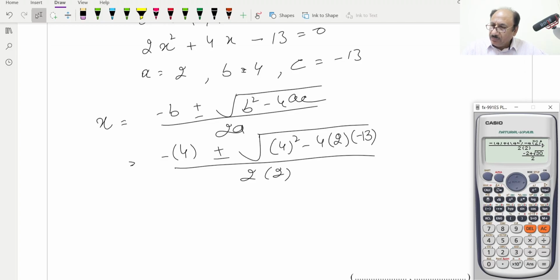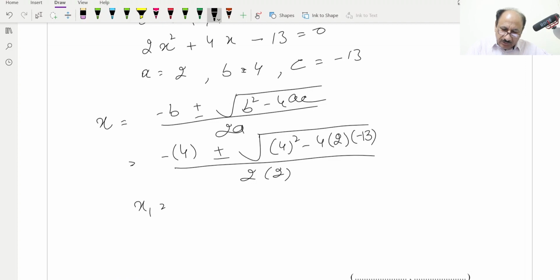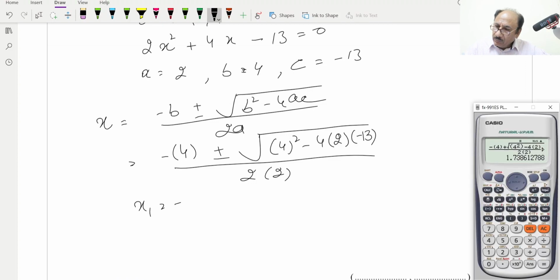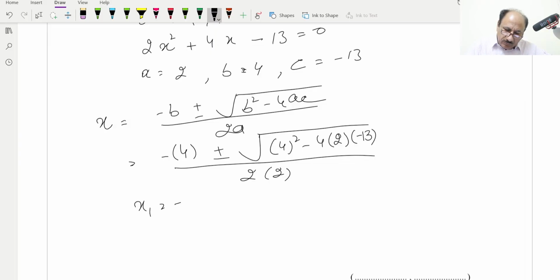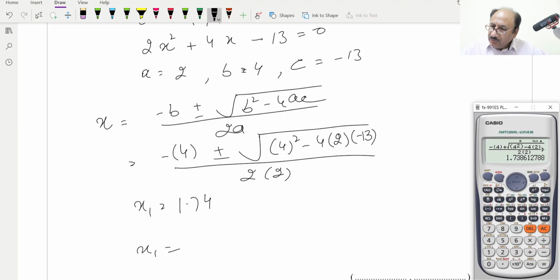And this will be 1.738. So we can write 1.74. So x1 will be equal to 1.74, not minus basically. And the second value also we can check by replacing plus by minus over here, and this is giving us minus 3.74.